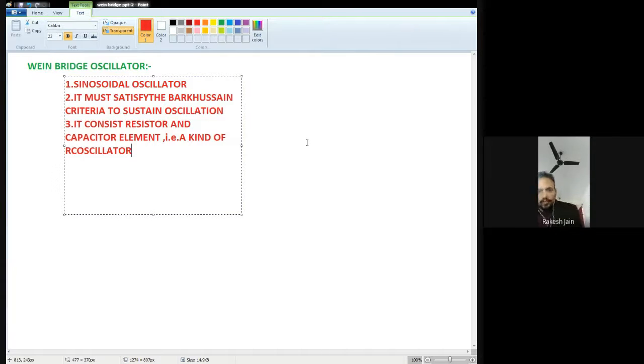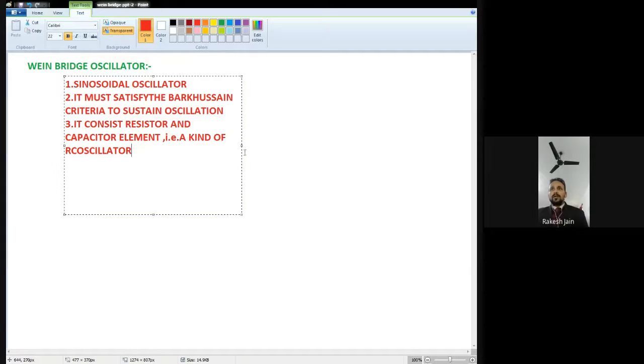It also provides the output without the input, and because it must satisfy the Barkhausen criteria, the total loop gain must be greater than or equal to unity, and the total phase shift around the loop must be 360 degree or 0 degree.